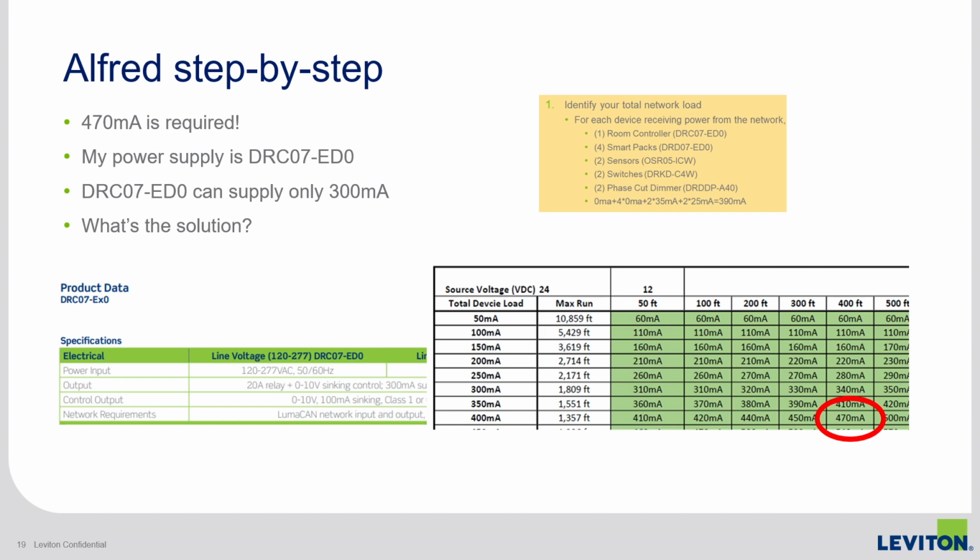Ultimately, I have to get to 470 milliamps. So I would recommend that you use the DRC00-ED0, which is an additional 500 milliamp power supply, and that'll push you up way over the top of where you need to be. That'd give you a total of 800 milliamp supply, which is more than sufficient for your network. So anyways, that's just a quick way to use this chart.